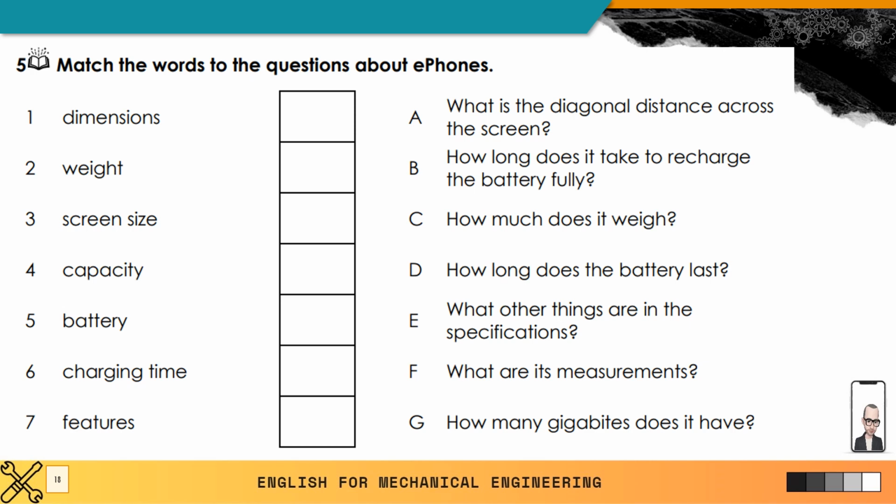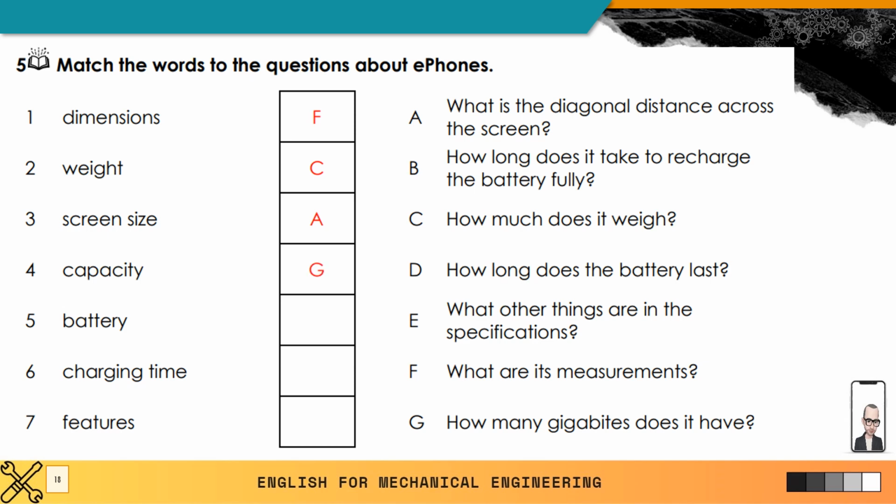And what we will have to do is match the words and the questions. So, what's the diagonal distance across the screen? Oh, we are going the other way. Other way around. Dimensions means what are its measurements. So weight is of course how much does it weigh. Screen size will be the diagonal distance across the screen.